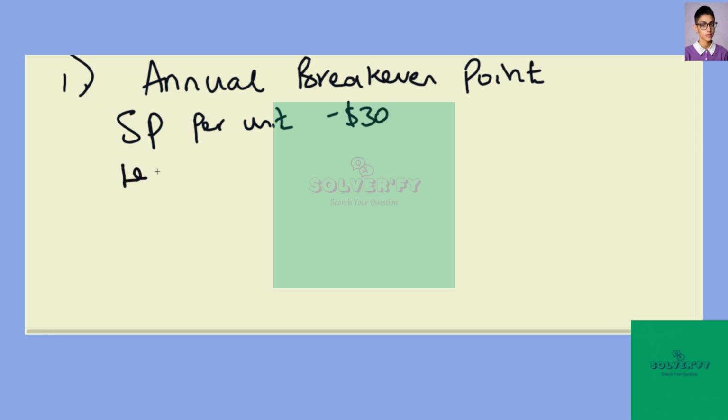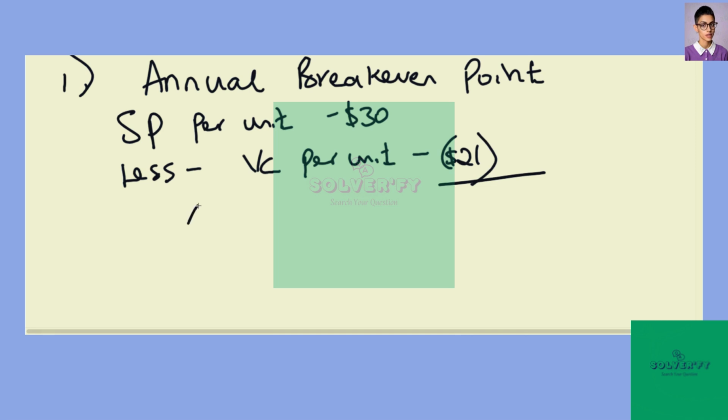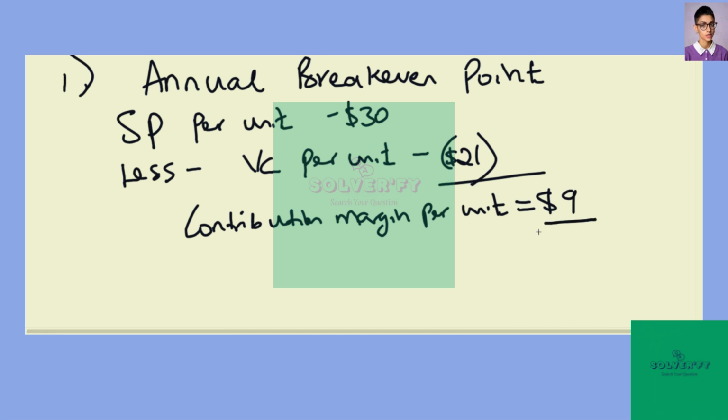Then we subtract the variable cost per unit, which is $21. So we subtract that, and the difference will be the contribution margin per unit, and that is $9, right? Because 30 minus 21 is 9.